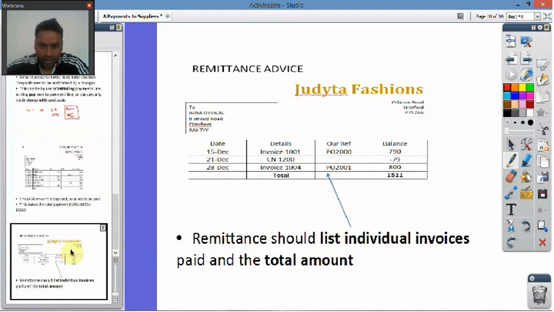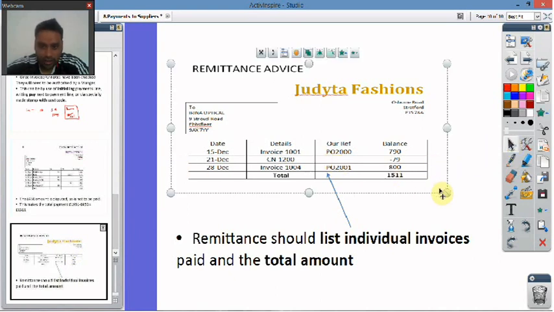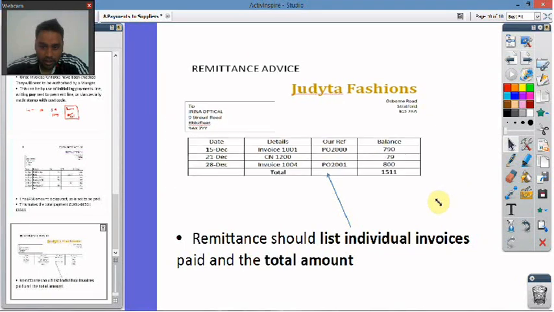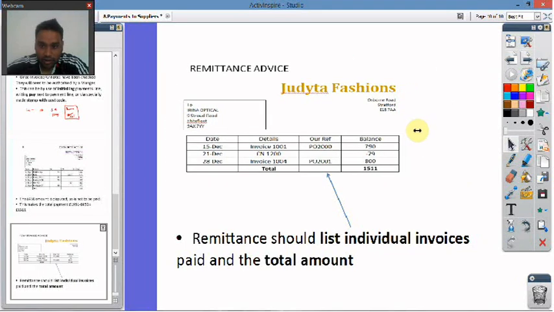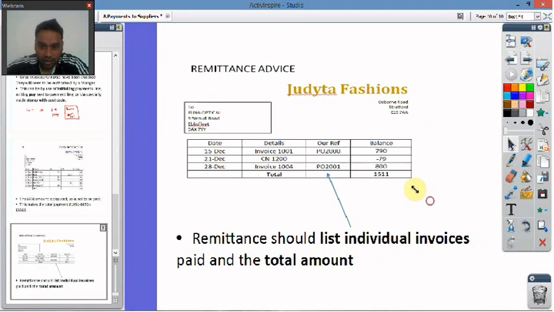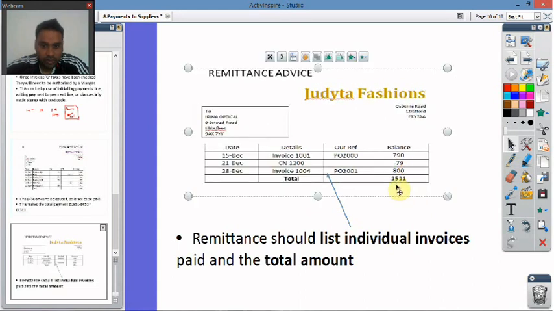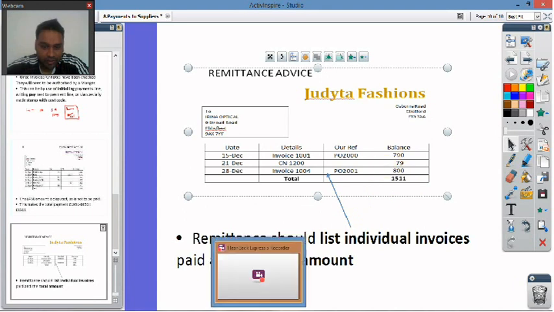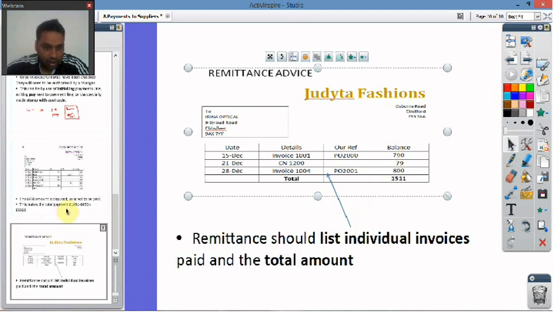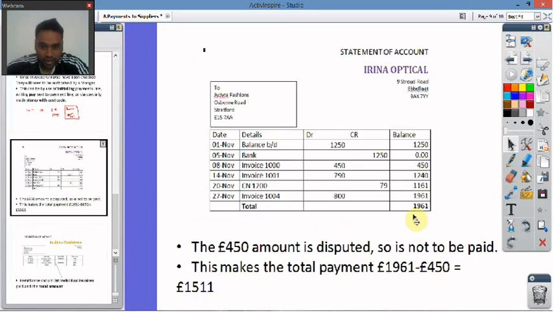So if we have a look here, this is the remittance advice that we're going to send with our payment. We're going to send a payment of 511, this amount here, and they've got a balance of 1961 that's outstanding.